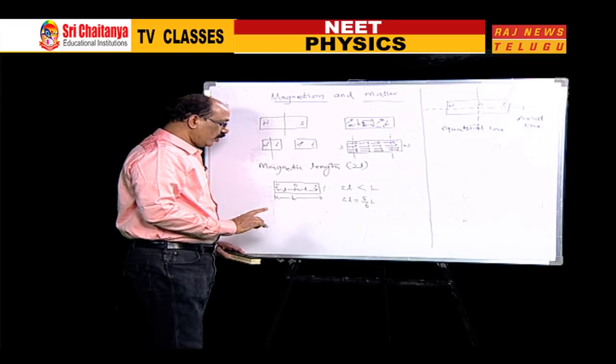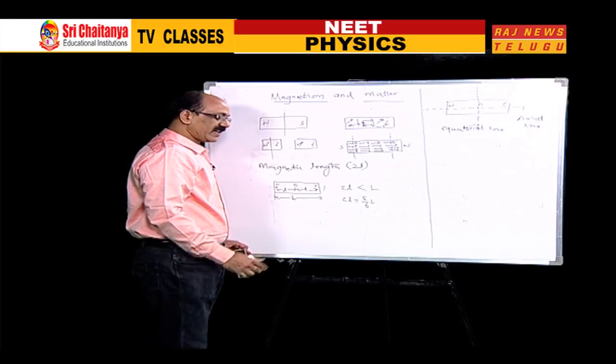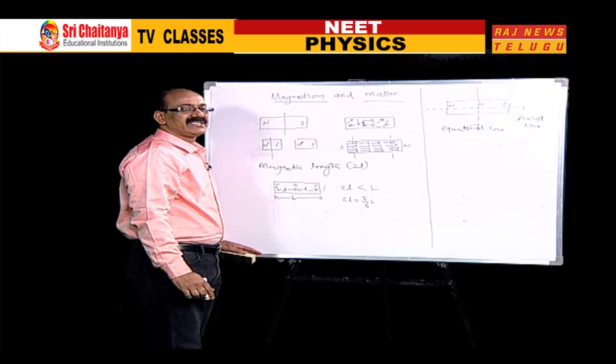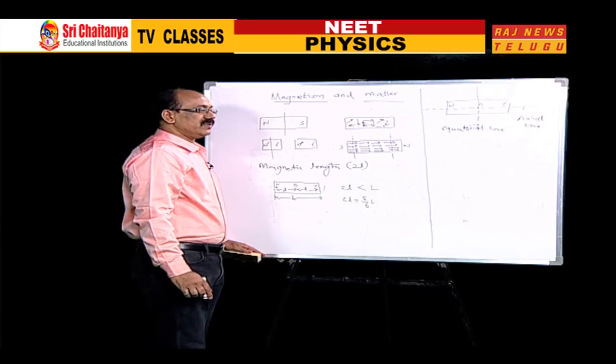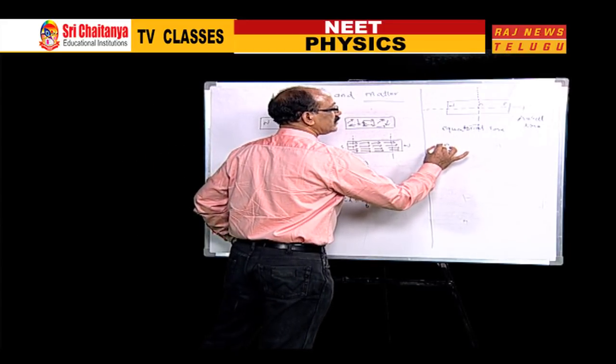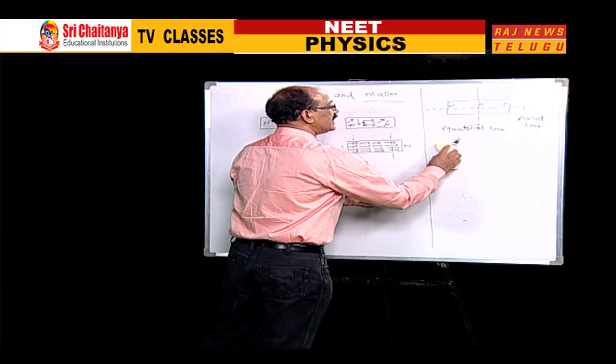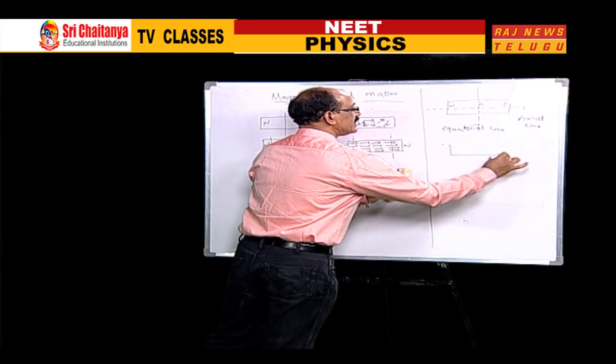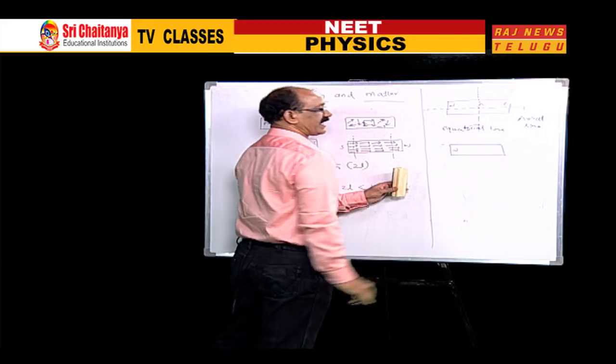Though monopoles do not exist, for convenience of understanding theories, we consider monopoles. For example, if this is a magnetic pole, monopole is not existing. Let us say this is north pole of a bar magnet.